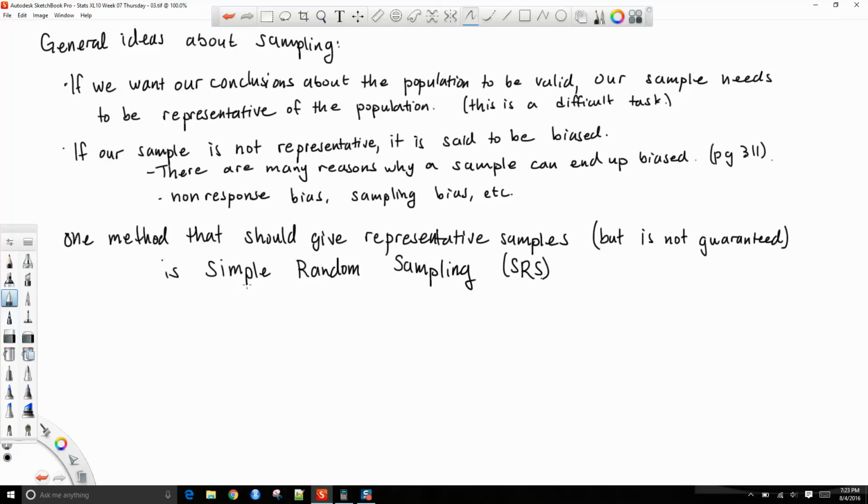Okay, and so in simple random sampling, all individuals in the population have an equal chance of being selected.